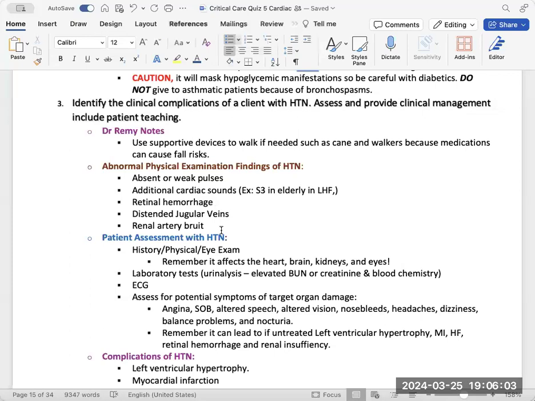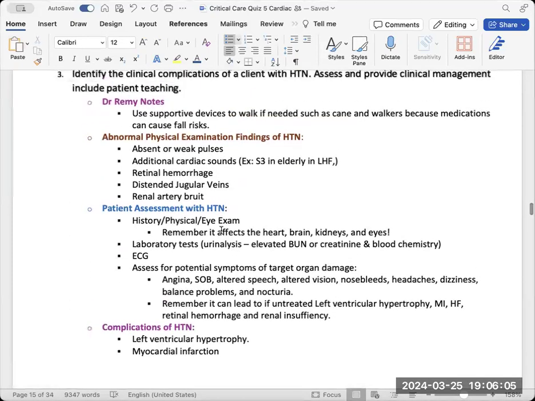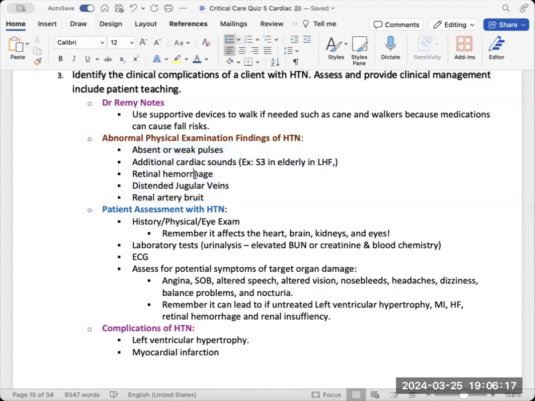Other things that I wanted to point out, as I mentioned before, are clinical complications, so anything that has to do with the heart, the eyes, the brain, and the kidneys. So if they have absent pulses or new cardiac sounds, retinal hemorrhaging or bleeding in the eyes, and renal bruits, all not good, right?